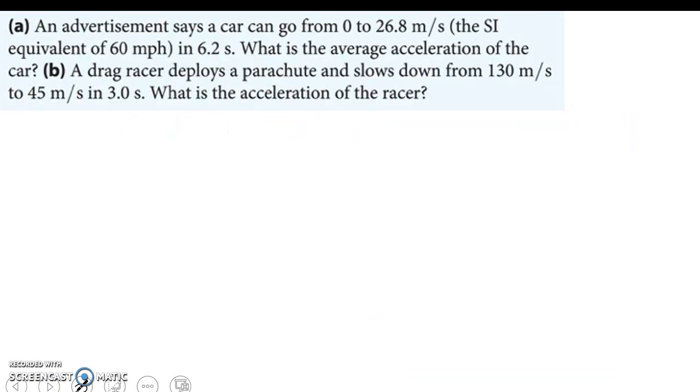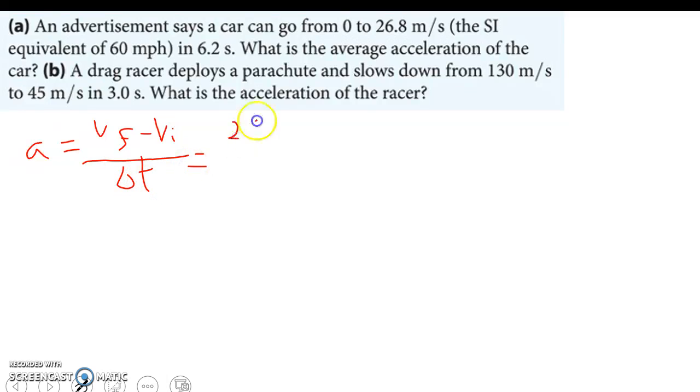So, an advertisement says a car can go from 0 to 26.8 meters per second in 6.2 seconds. The question is, what is the average acceleration? Acceleration is final velocity minus initial velocity over change in time.